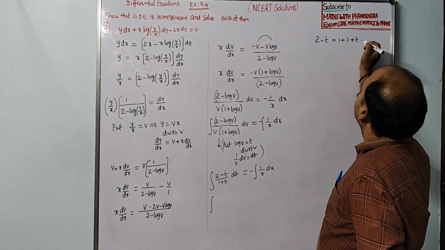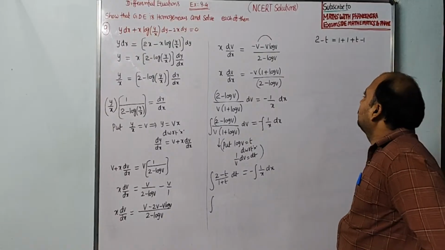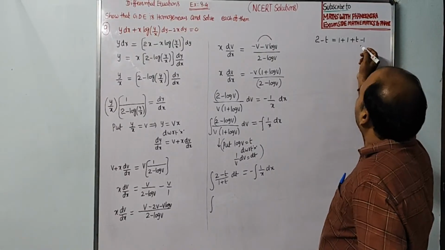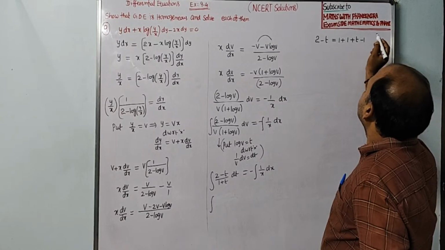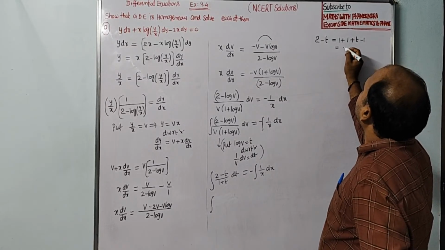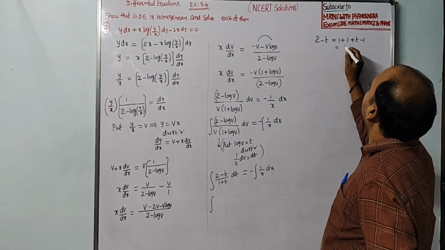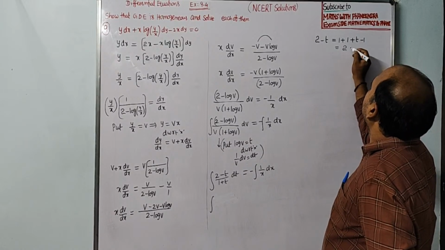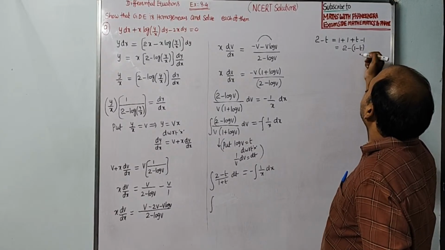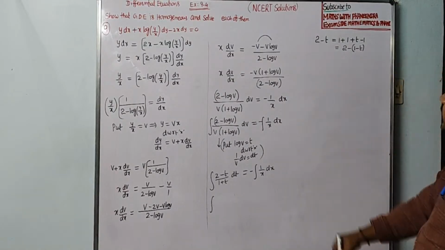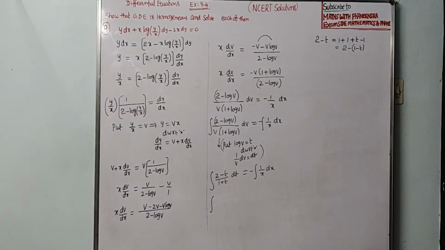So we are adding plus 1 and subtracting minus 1. But here I want to get it as 2 minus 1 minus t. If you do that, it comes, but the denominator is 1 plus t only.